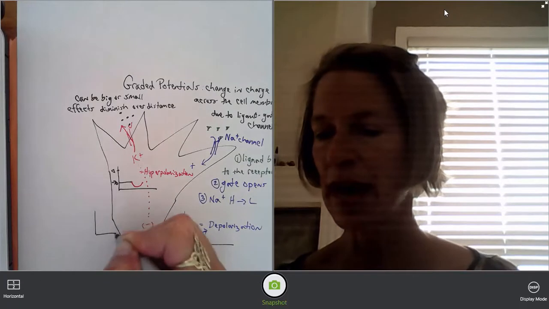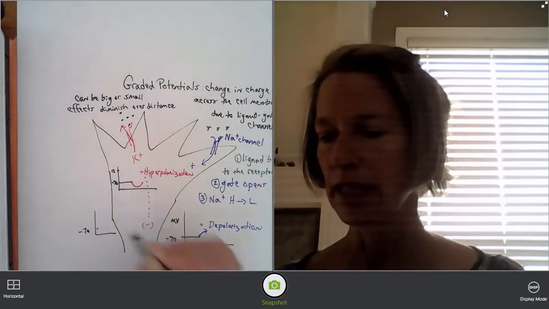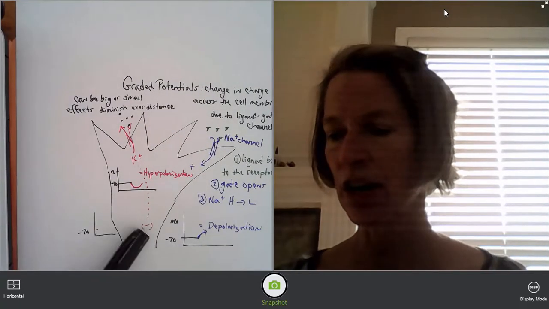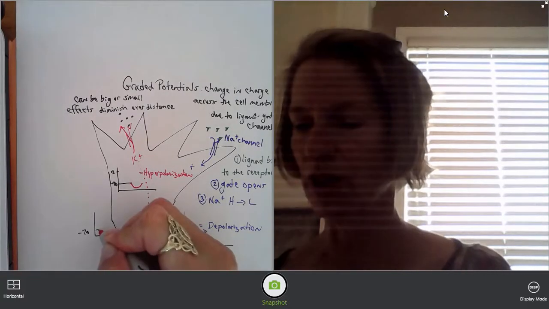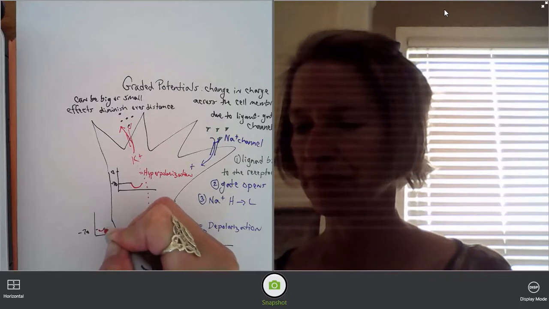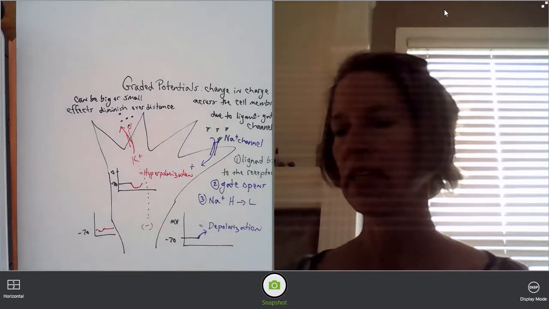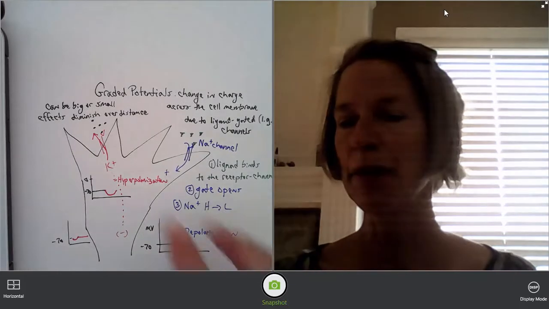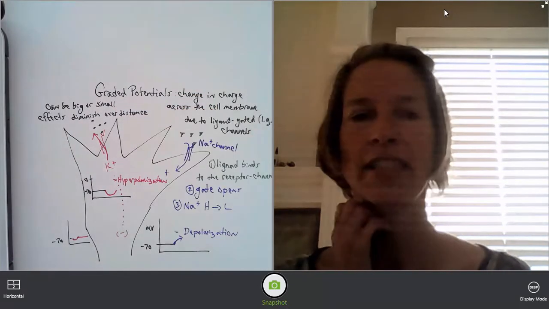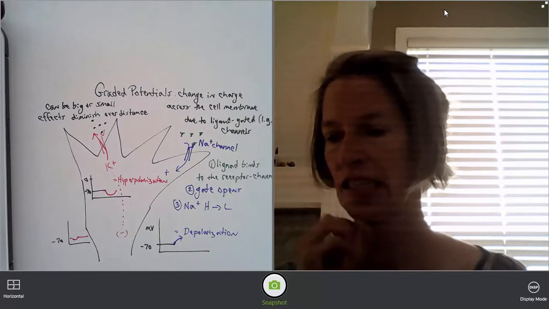So when we measure it down here with our electrical probe, it might be very small hyperpolarization. Those are two features of graded potentials. They can be big or small, and the effects diminish over distance.